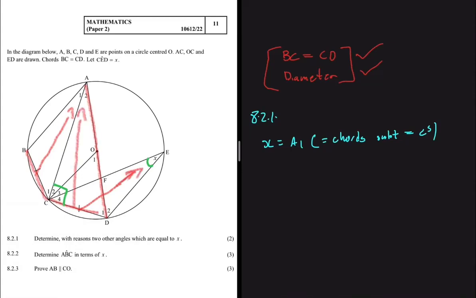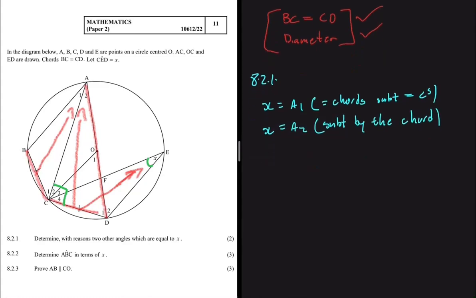So angle A2 is also equal to x because they have been subtended by the same chord on the circumference of our circle. So we have done 8.2.1.